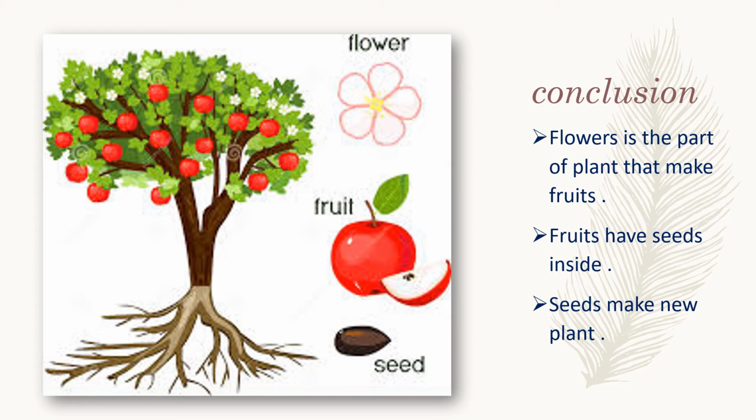So, which part of a plant can make a new plant? Of course, seeds. Where can we find seeds? Inside fruit. Which part of a plant makes fruit? Flowers. Is that clear for you now? So flowers make fruits, and the fruits have seeds inside, and the seeds make a new plant.